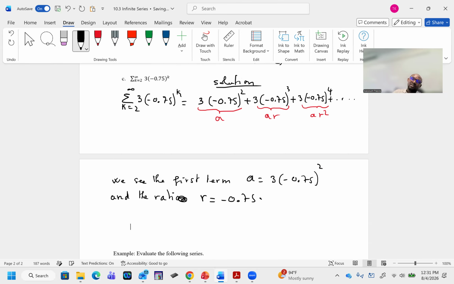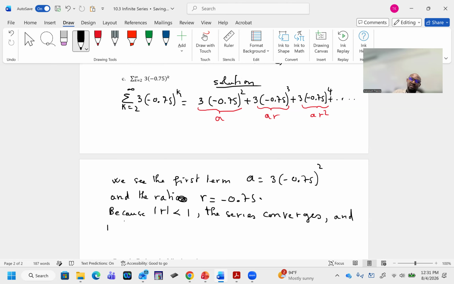Does the series converge or diverge? Because the absolute value of r is less than 1, we said what? The series converges. And the value is what?